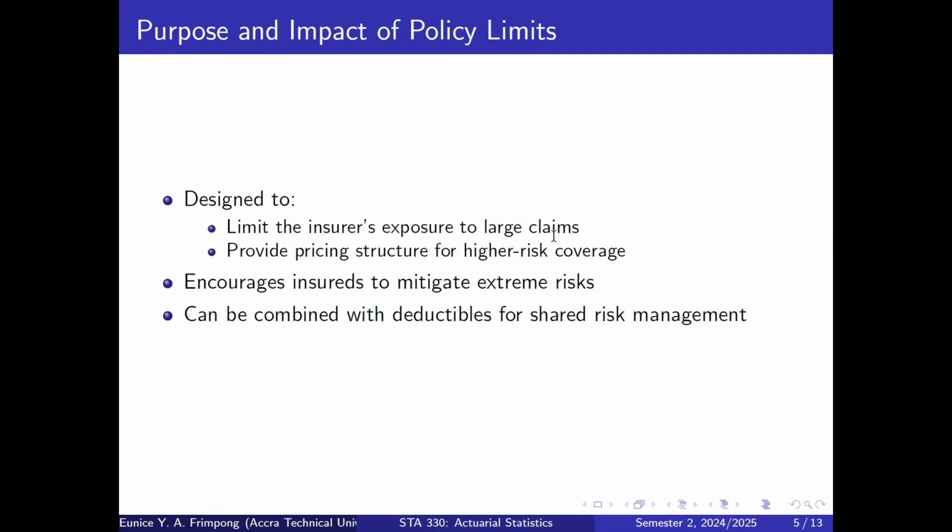Just that there will be a limit to what you can possibly receive in the case where you suffer a loss and you need to be reimbursed. Then thirdly, policy limits encourage insureds to reduce extreme risk, such as installing fire alarms or driving safely. They are especially useful when combined with deductibles, creating a shared structure of responsibility.